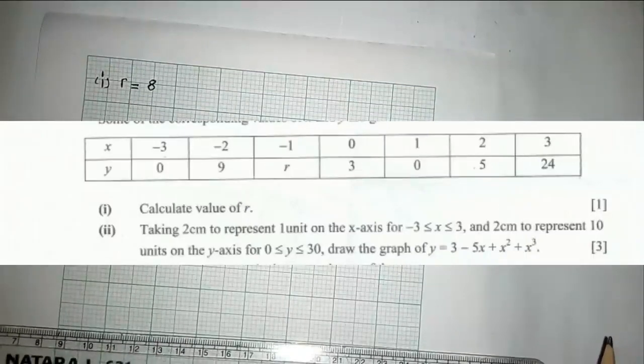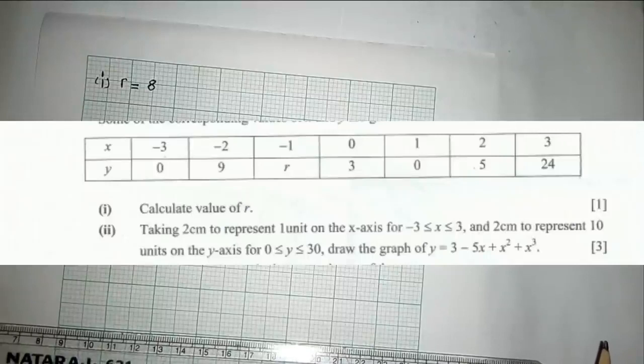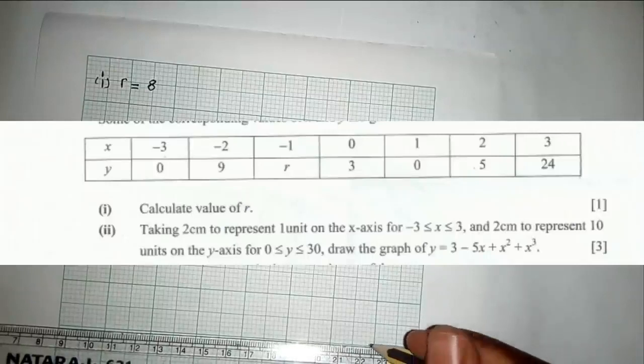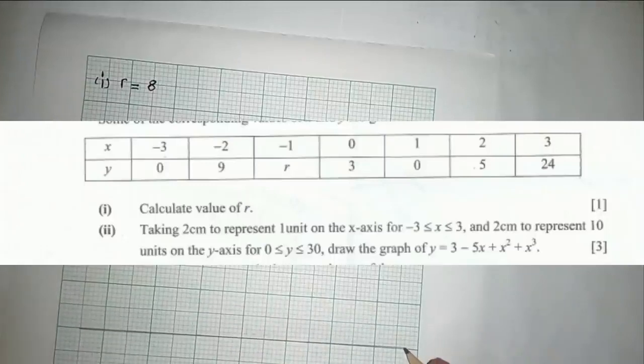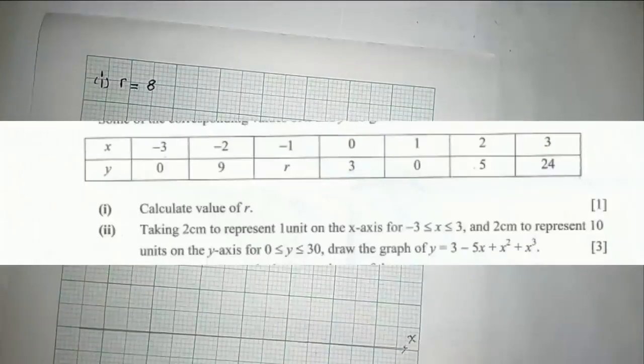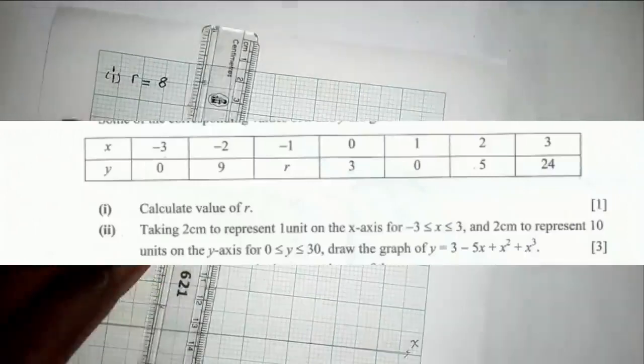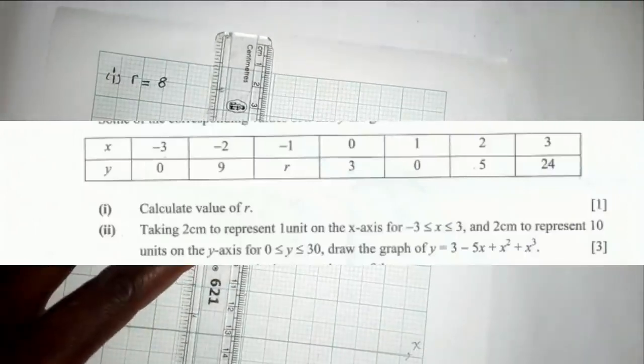So you can check here. They're saying -3. So you can put a line like this. This is the x-axis, and our y-axis will be here.